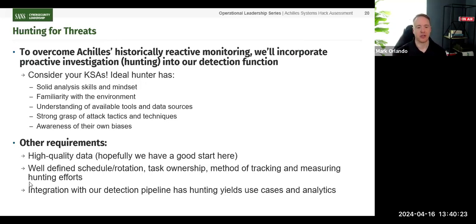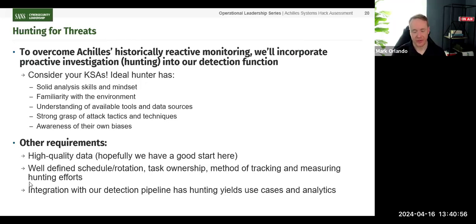They're also going to have a strong command of all of the tools and the data sources that they're going to manipulate in order to identify anomalies and suspicious and malicious activity. They need to understand attacker tactics and techniques and tradecraft. They need to be aware of their own biases and able to overcome those biases, right? So we need solid investigators in the team to perform proactive hunting or threat hunting as part of that detection function.